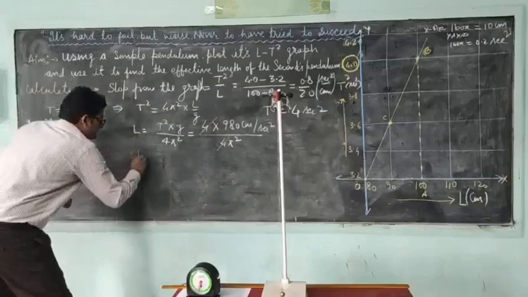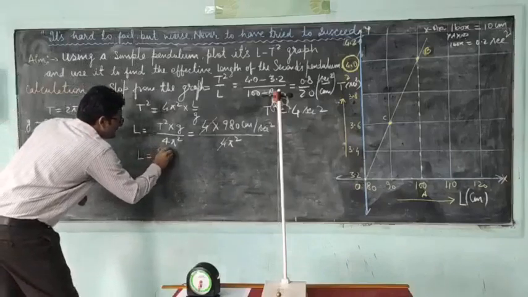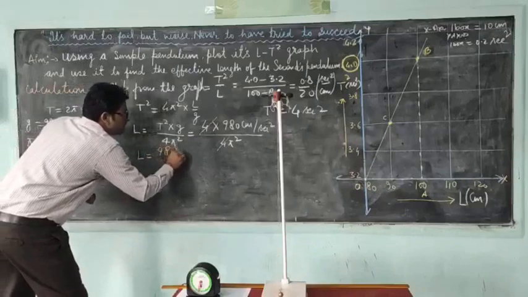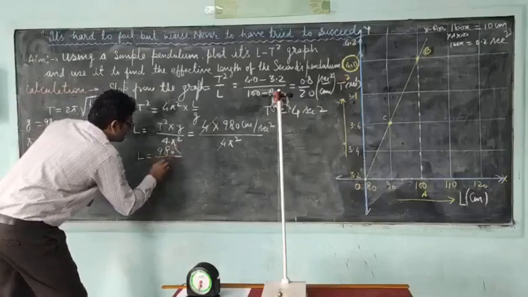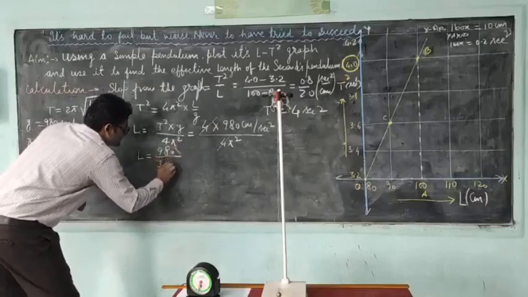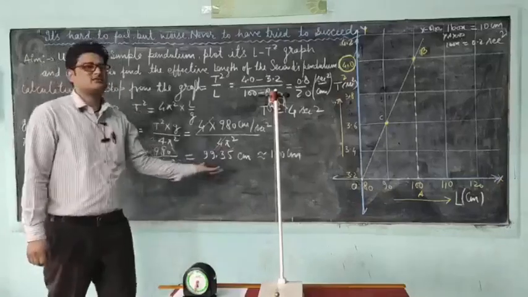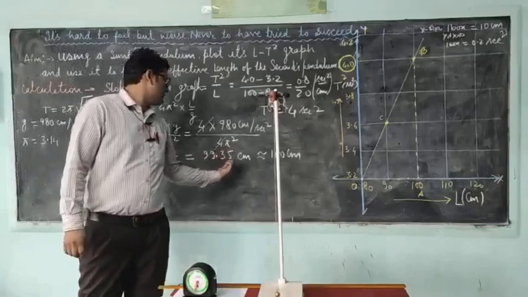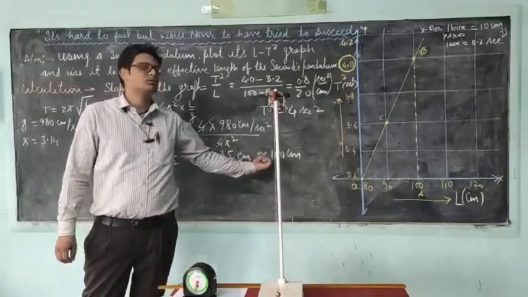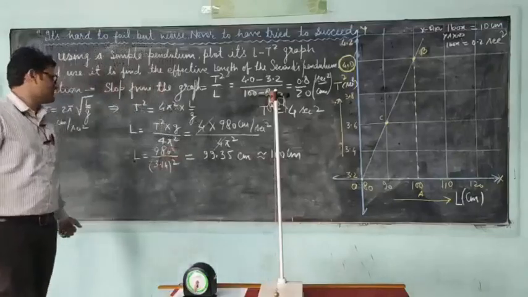Therefore L equal to 980 upon 3.14 square. That is the value of the effective length, L equal to 99.35 centimeter, or near about equal to 100 centimeter. So this is the result for this practical.